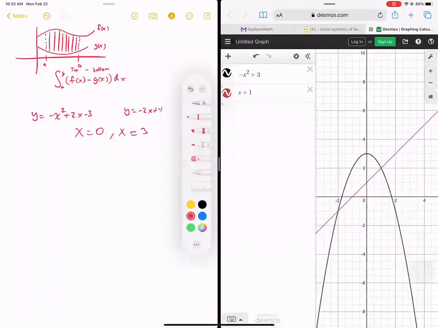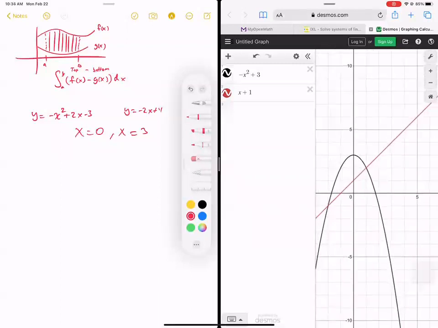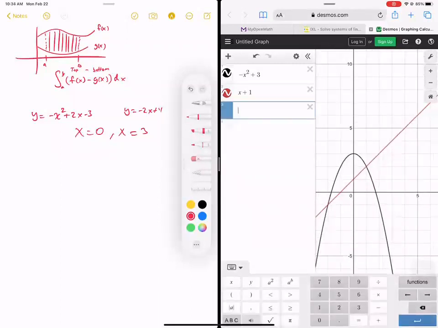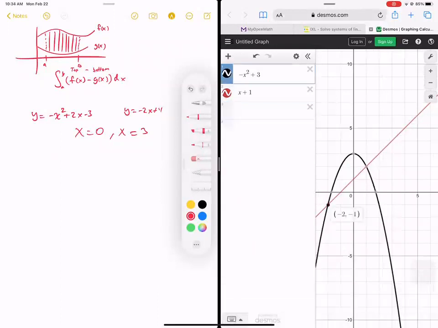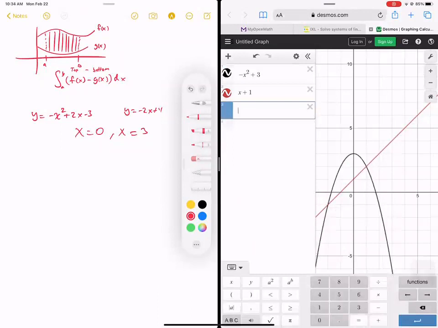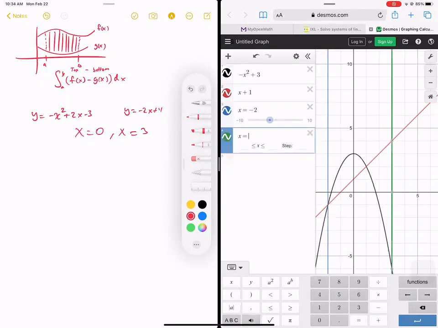And this graph has an intersection point. If I ask you to find the area between, what value is this over here? Let's say x equals negative 2 and x equals 2. Let's do 2, 2 is better.